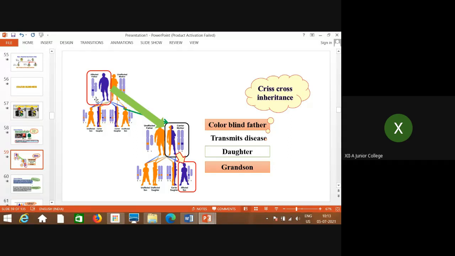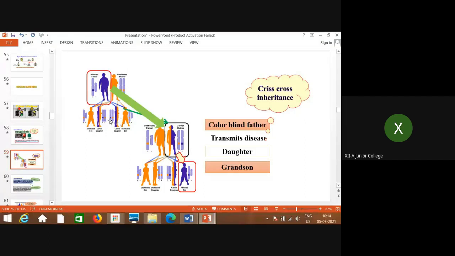In the picture you can see the father is color blind and the mother is unaffected, that means normal. Out of the four offsprings, both sons are normal, but both daughters are carriers. Carriers means they just carry the gene, but it is not expressed.